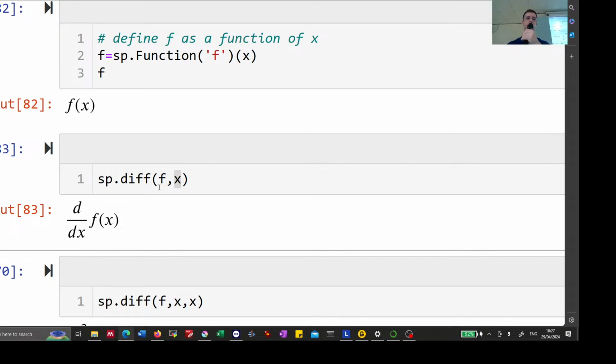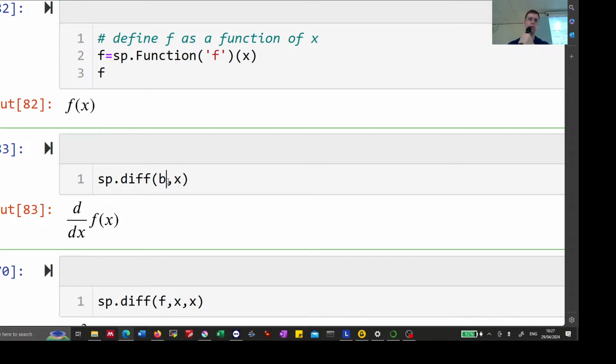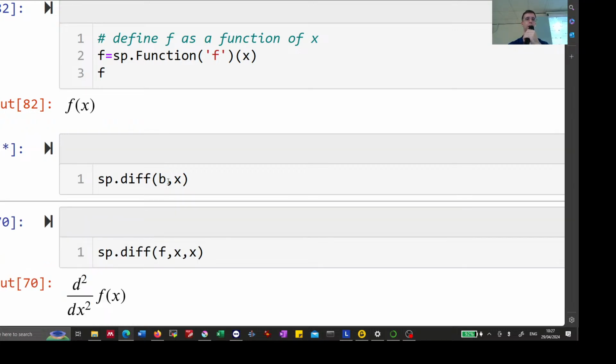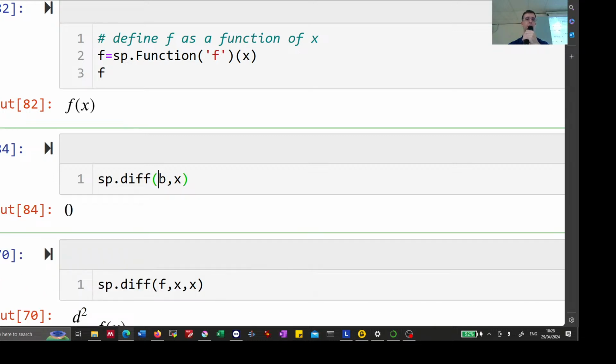Okay, let's try something out again. So when I put in b here, what do I get? Zero, right? Because b is just a symbol that does not depend on x. How about b times x squared? What do I get? 2bx, right?